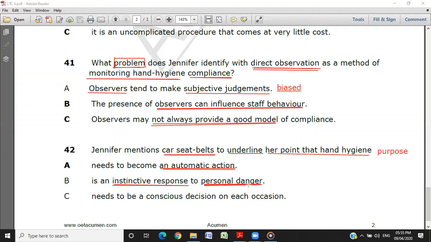So that is the typical example of instinctive response to personal danger, and needs to be a conscious decision. So you see the difference between A and C. A is it should be subconscious, automatic action. C, conscious decision. Whereas B, only when there is personal danger. So this kind of analysis you will have to do.